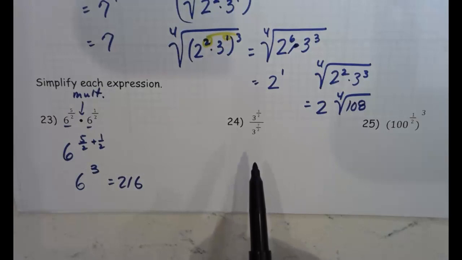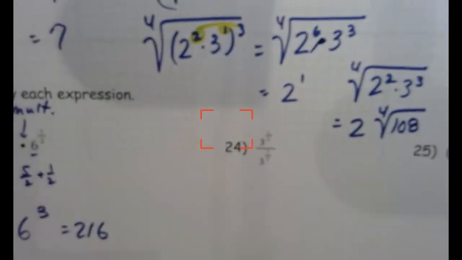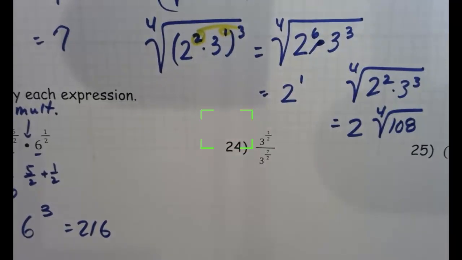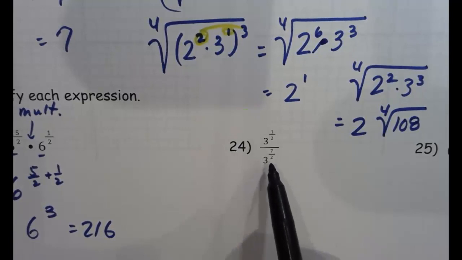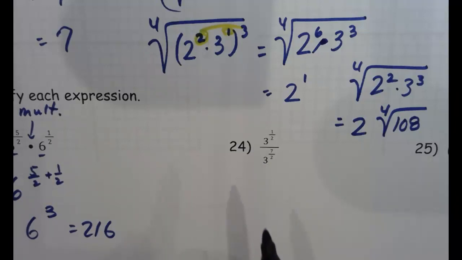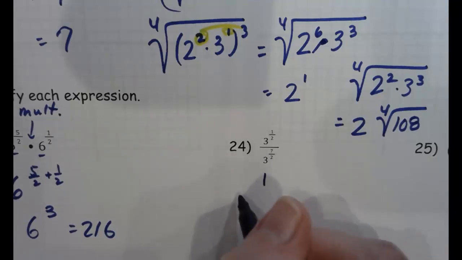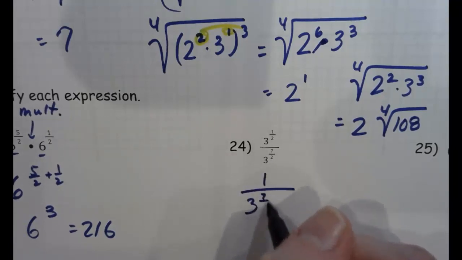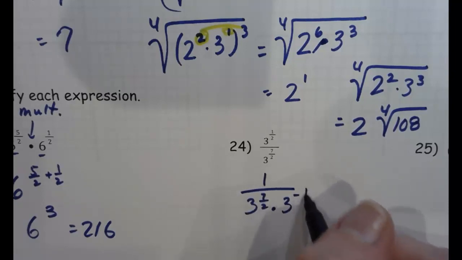So the next one, we are dividing, and once again, are the bases the same? Yes, they are. So subtract those exponents. But the power of the denominator is greater, so whatever is remaining is not going on the top, but it's going on the bottom. So if you want to think about it like this, you can do 1/3 to the 7/2 times 3 to the -1/2.